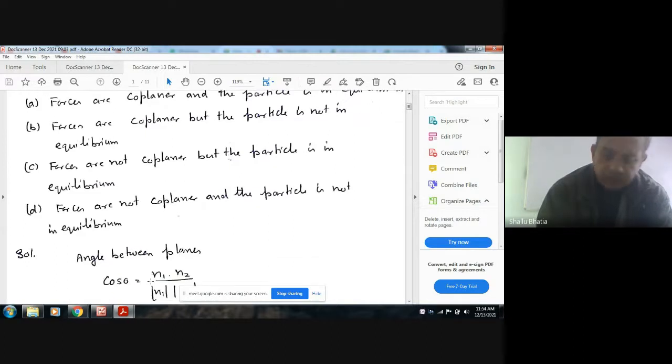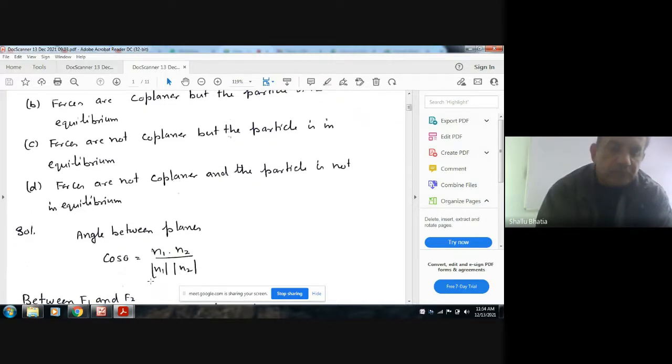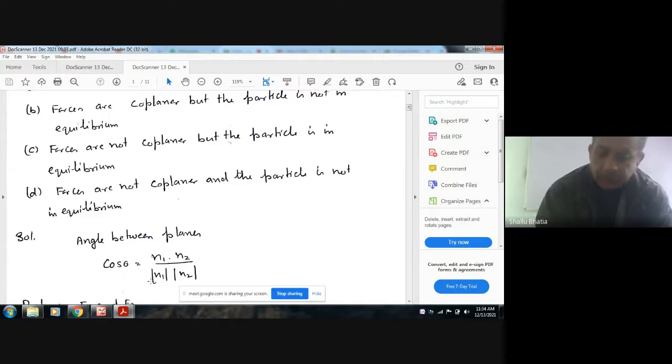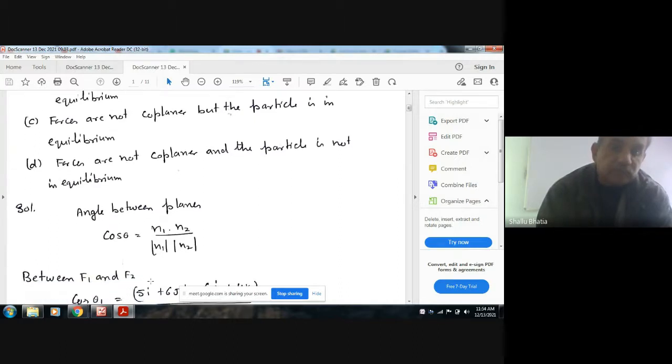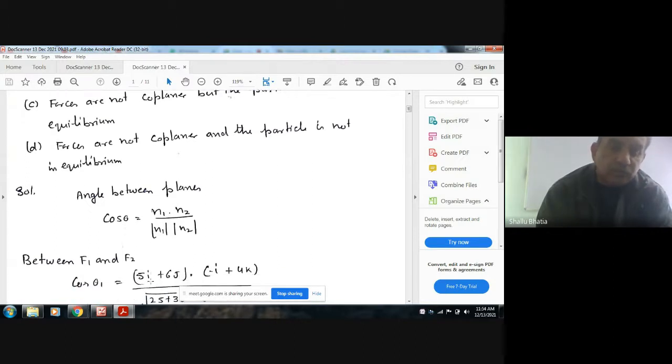Okay. Now, from the dot product of vectors, we know that the angle between two planes is given by cos theta is equal to n1 dot n2 divided by magnitude of n1 times magnitude of n2. Okay.